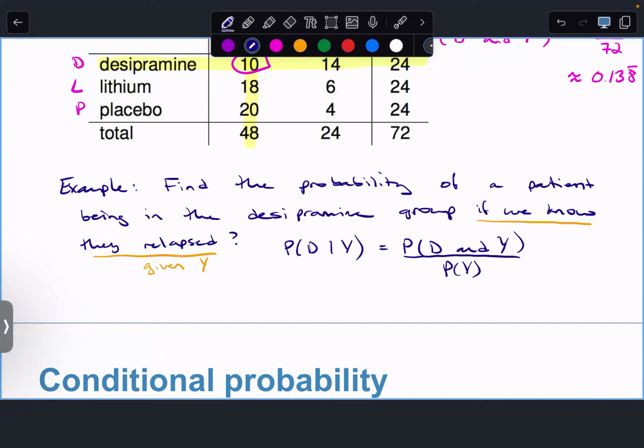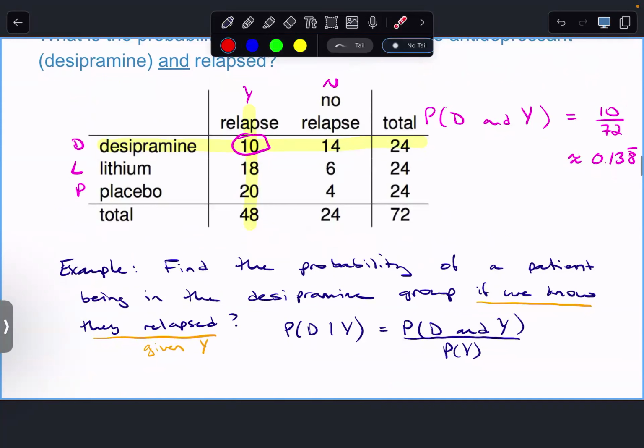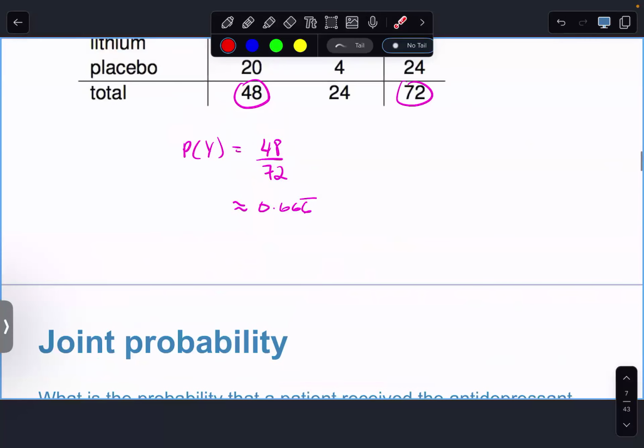Conveniently, we have these probabilities, right? We just found the probability of D and Y is 10 over 72 or 0.138. And the probability of Y was 48 over 72 or 0.66 repeating.